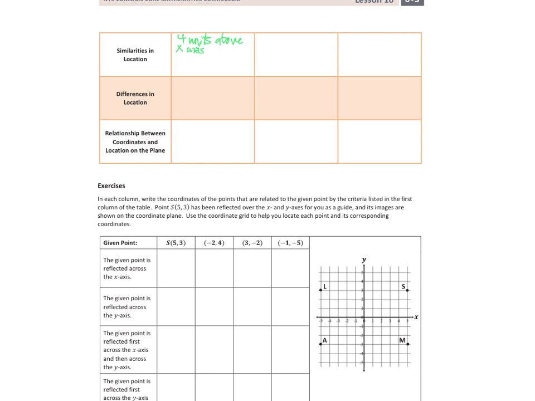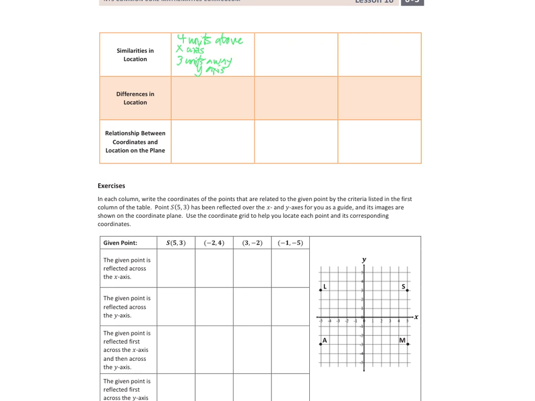My writing is not so great right there. It's not a very big box to write a lot of stuff in, so that's kind of a disadvantage for this.